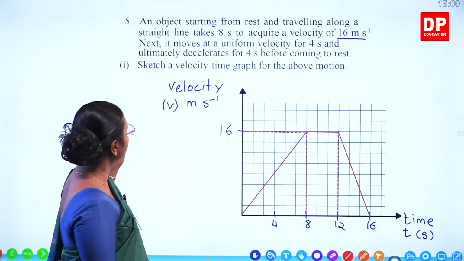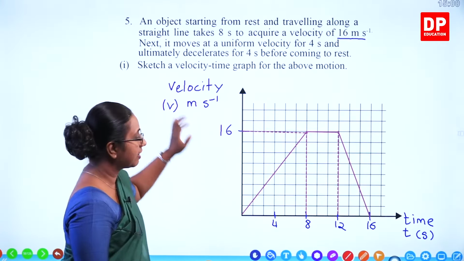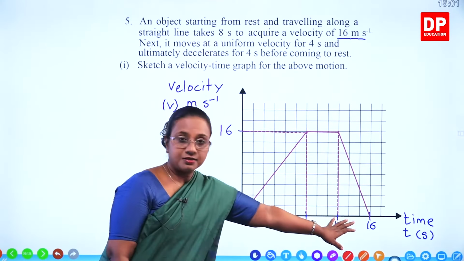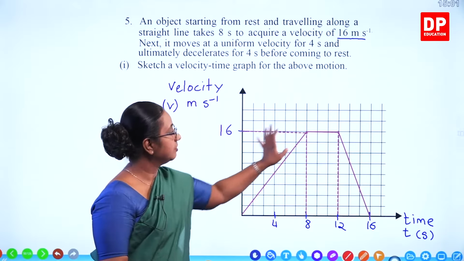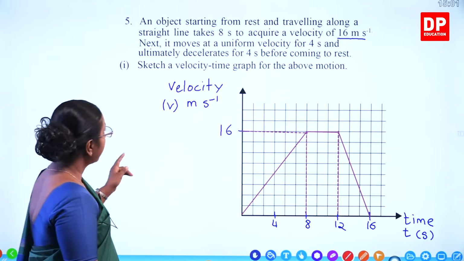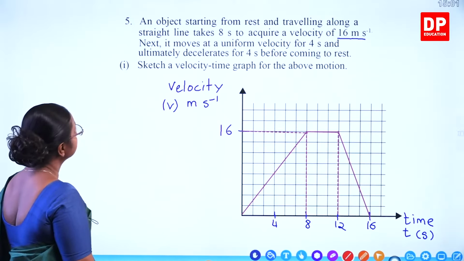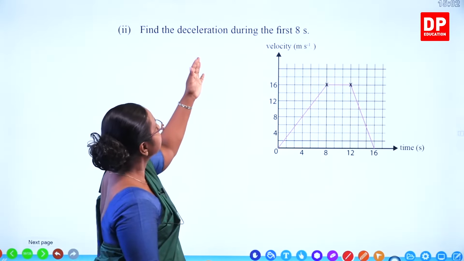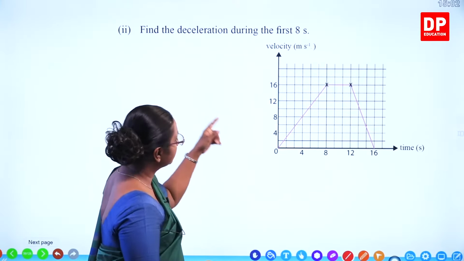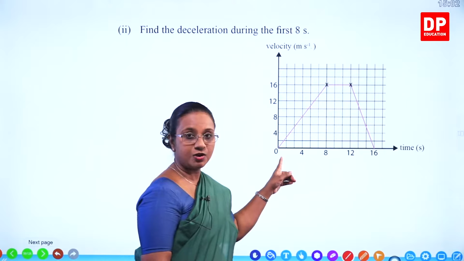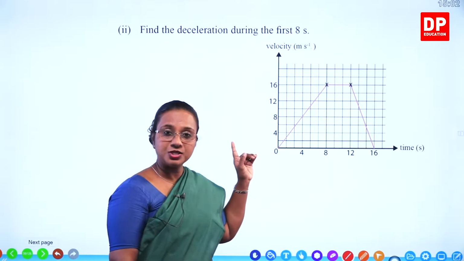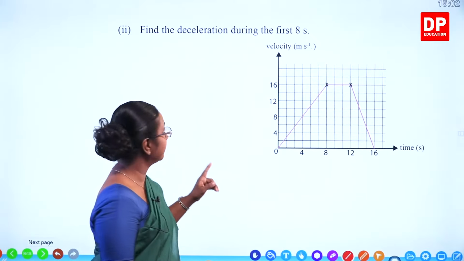So this is how you have to draw the graph. You have to mark the 2 axes, time and velocity, mark the values, and then plot the graph or sketch the graph. Now we will look at the questions. Find the deceleration during the first 8 seconds. Students, you can see here the velocity goes from 0 to 16, and in the question also it says it is acceleration.